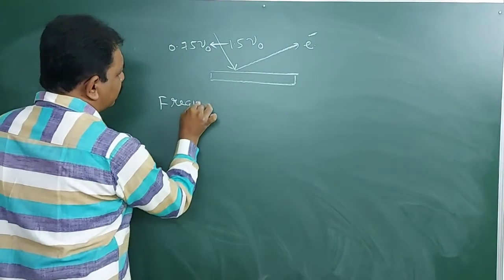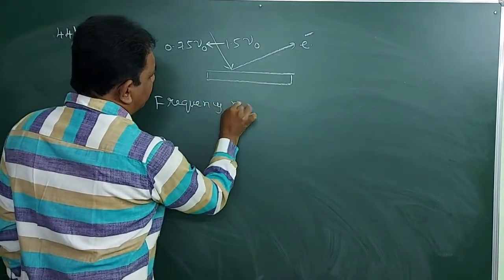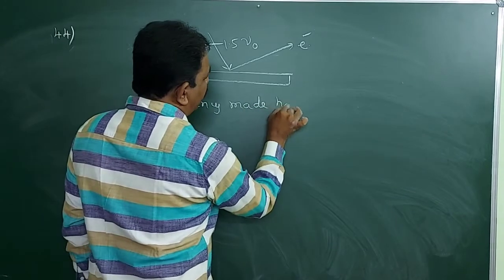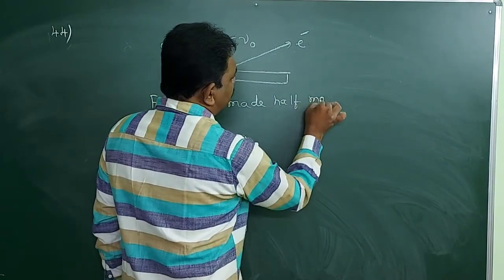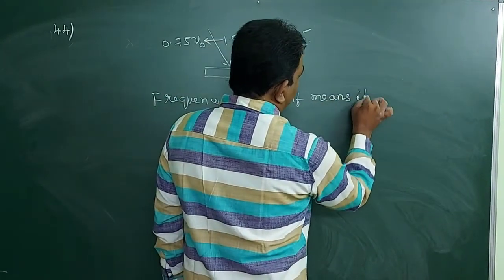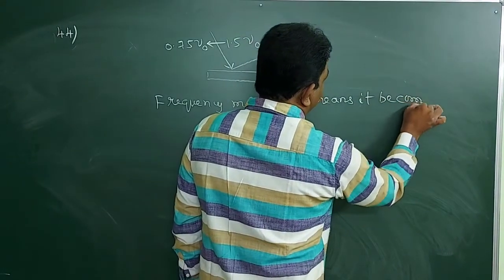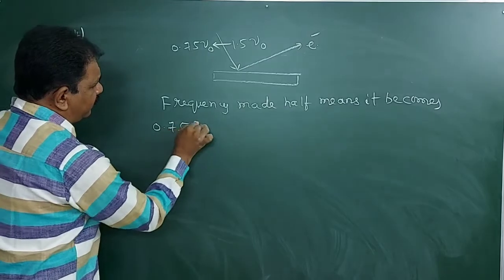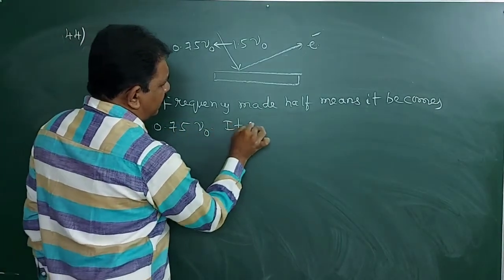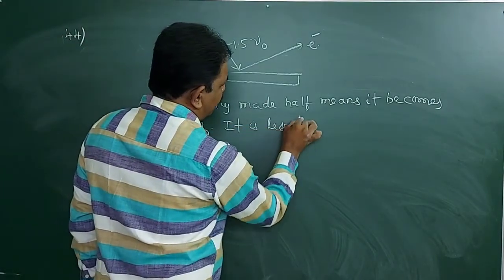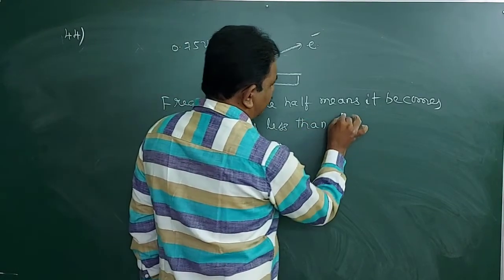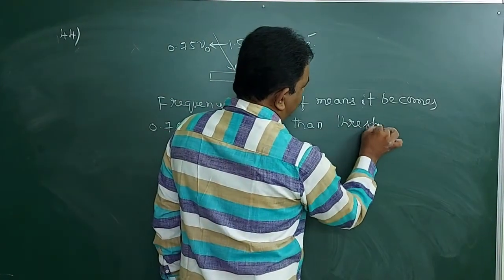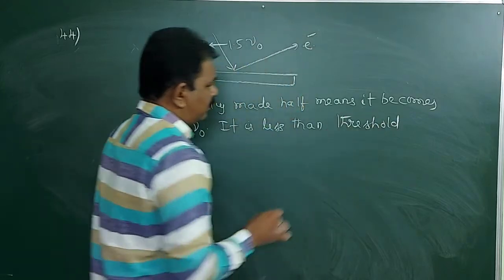The frequency made half becomes 0.75 nu naught. It is less than the threshold frequency.